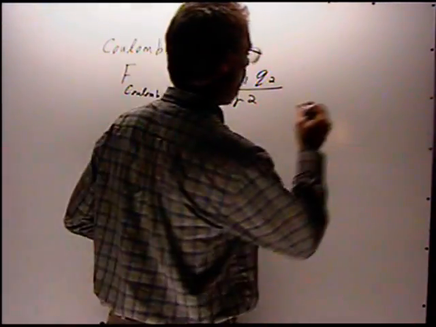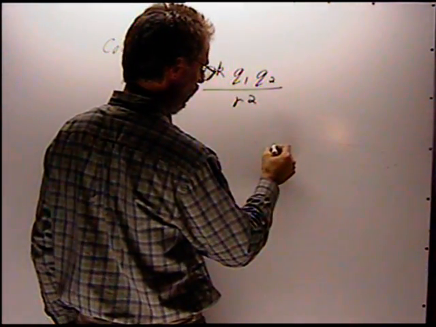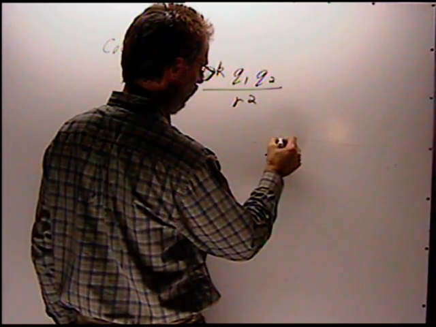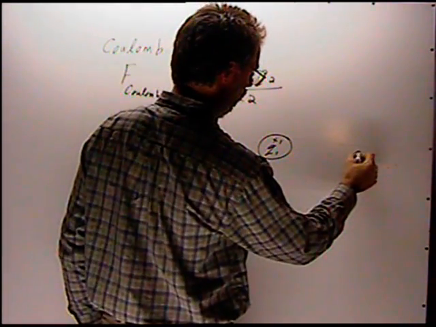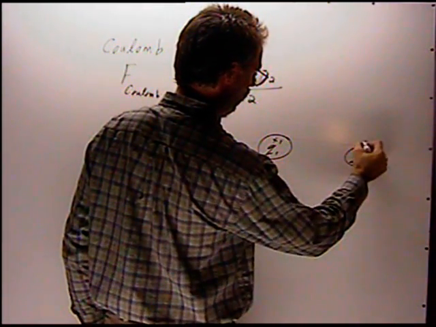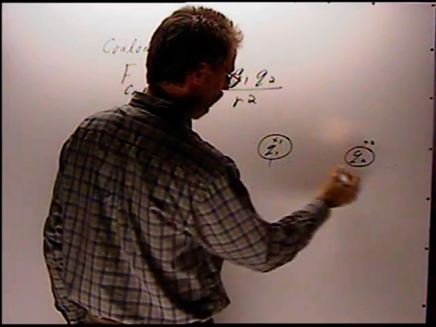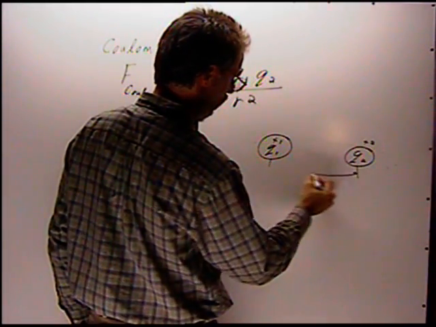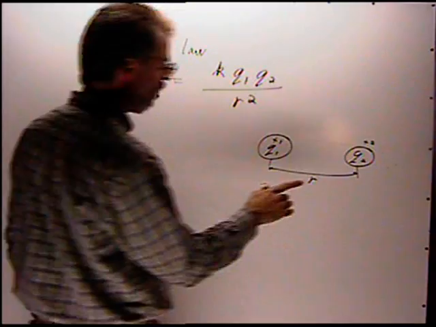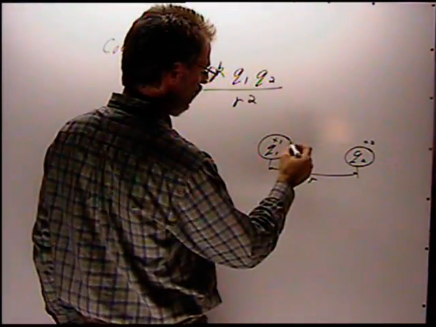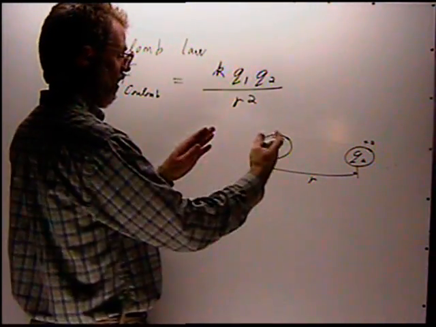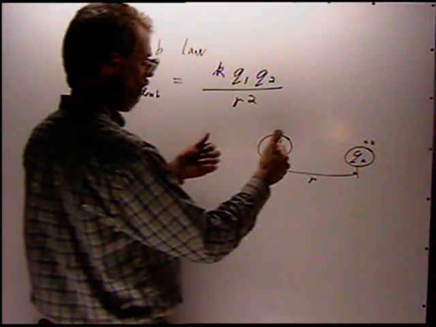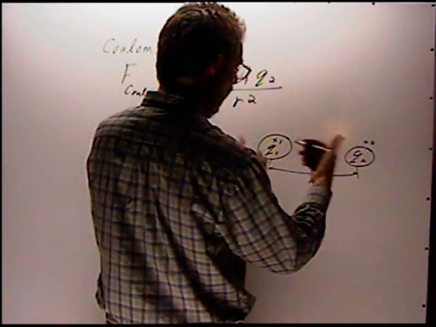So how does this work? Basically, if we have two charges, Q1, say, is plus 1, Q2 is plus 2, and they're separated from each other by R meters, then the force that they're going to feel, in this case, is a repelling force, since two plus charges will repel each other.